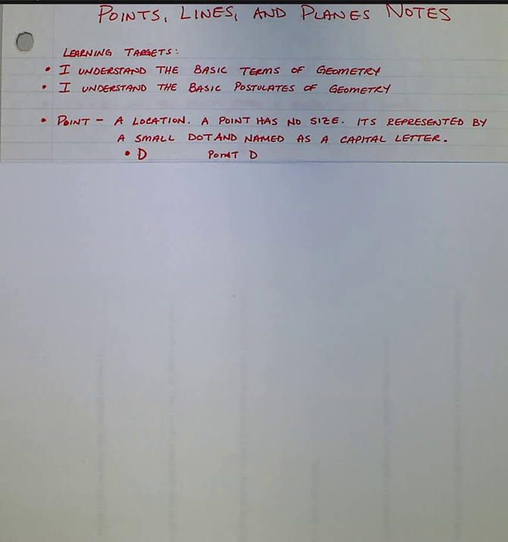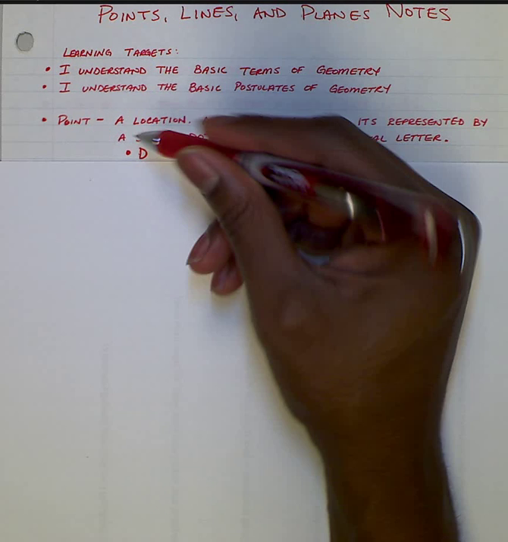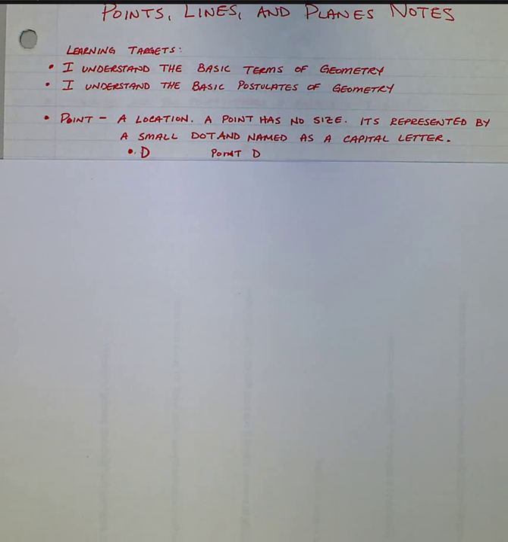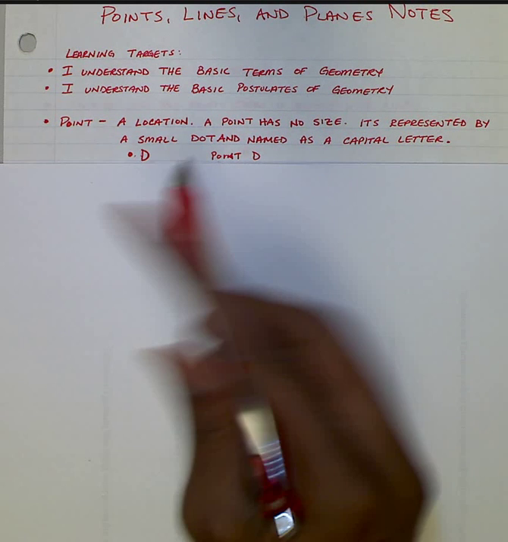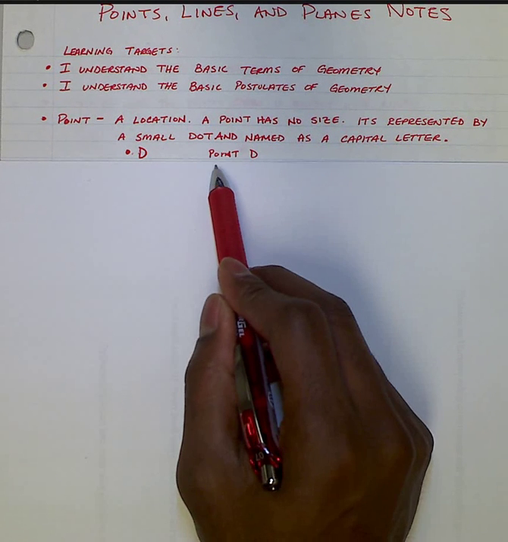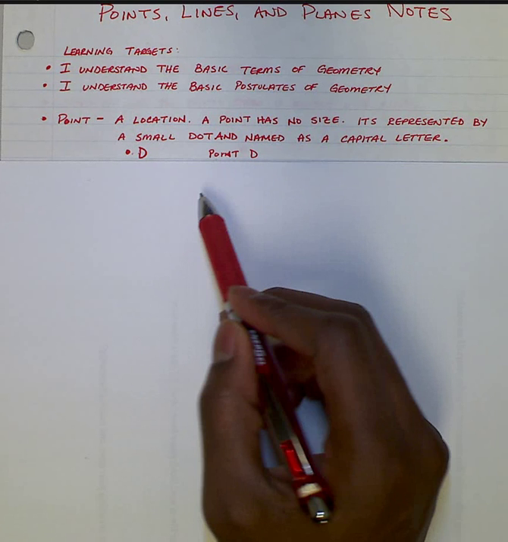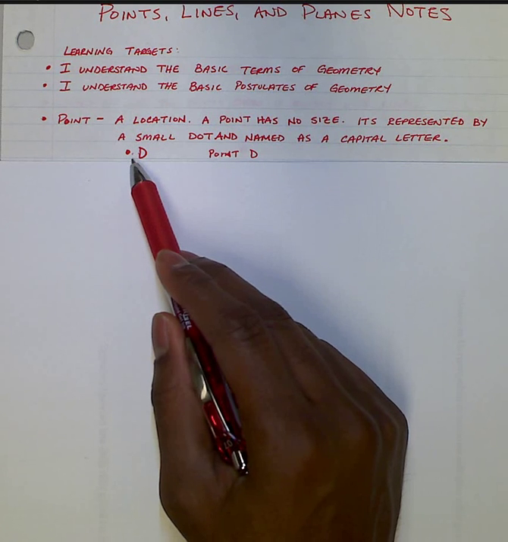And we name it with a capital letter. So here I have a point. Here we'll call it point D, just so we can refer to it, so I don't say, hey, look over there, and you don't know where I'm looking. Look at point D. This is point D. If I'm writing it down, point D. But point D has a size.